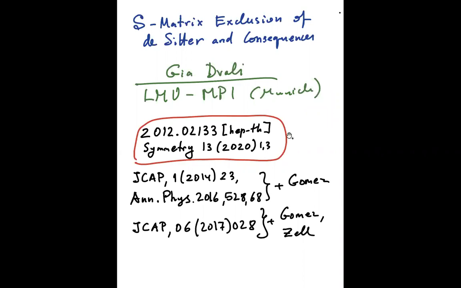It will be mostly based on these papers. The original papers were written in collaboration with Cesar Gomez, and later with Cesar Gomez and Sebastian Zell. This paper is the most recent one that puts a certain perspective on this.